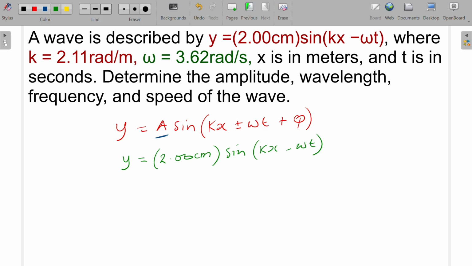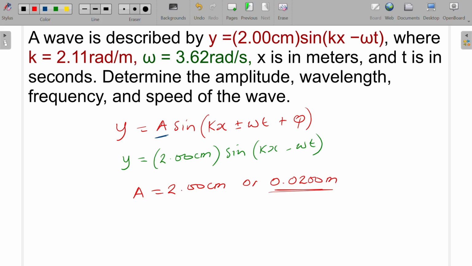Now, as we can see, 2.00 centimeters is the one that is written before the sine function. So it implies that what we have here is our amplitude. For the first part, where we need to determine the amplitude, the amplitude is equal to 2.00 centimeters, or you can still report it in meters, which will just give us 0.0200 meters.